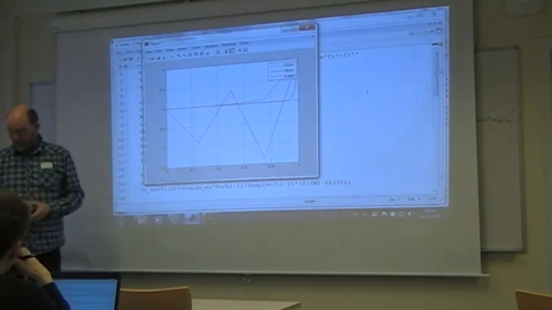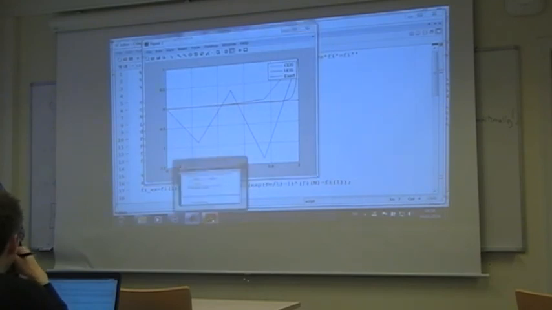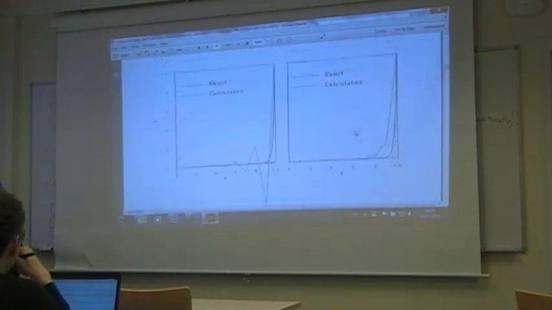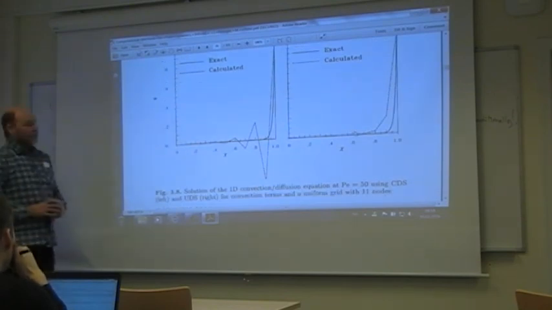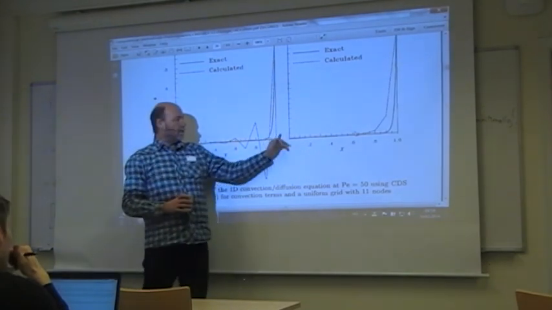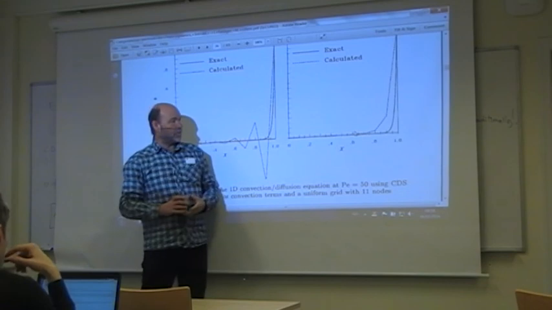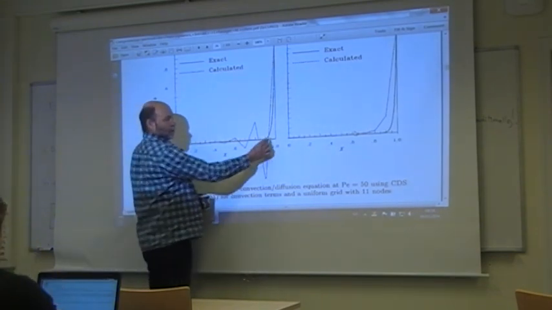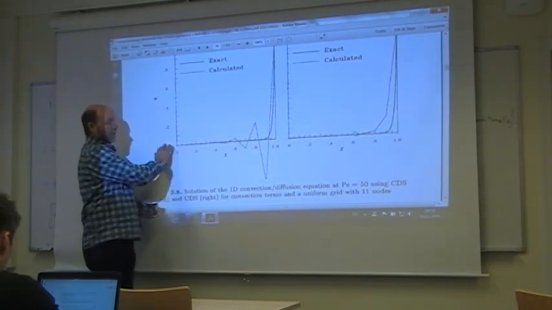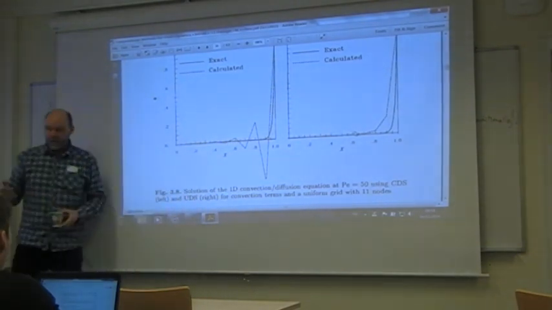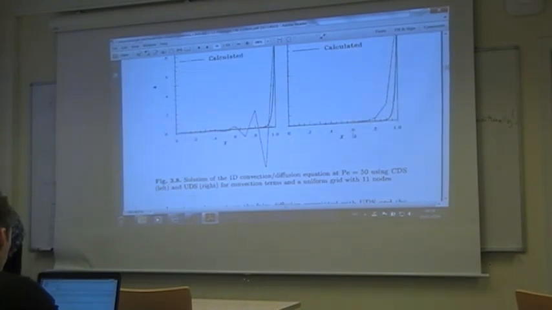So, also shown in the book, I think, it's possible here with this problem to stretch the mesh, since you know here is where the interesting things happen. Here is where you have a sharp gradient. Then you use very small delta x's here, but then you can make them bigger and bigger and bigger because nothing is happening here to the left. Yes, that's quite possible. And you should get a quite nice result anyway.